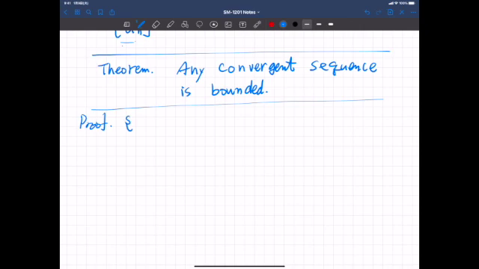Okay, suppose we have a sequence that is convergent. Let's say it converges to alpha.